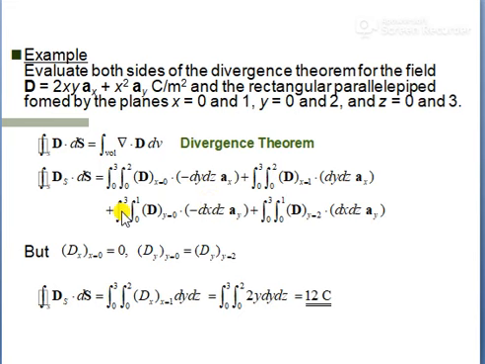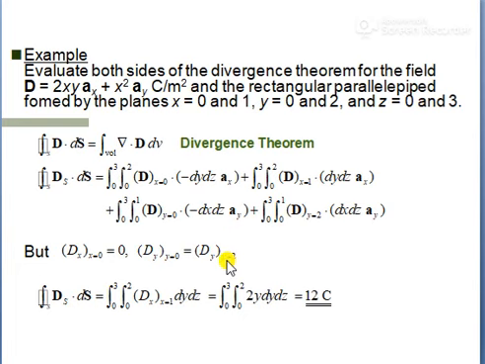Now plus integral 0 to 3 and 0 to 1, D of y at 0 dx dz ay minus, plus integral 0 to 3 and 0 to 1, D of y at 2 dx dz ay. And finally we know that Dx at x equal to 0 is equal to 0.